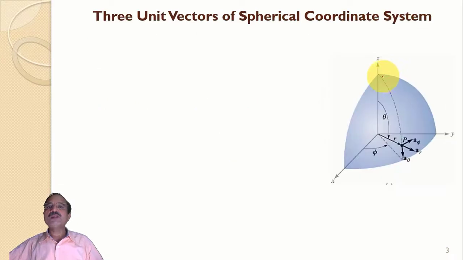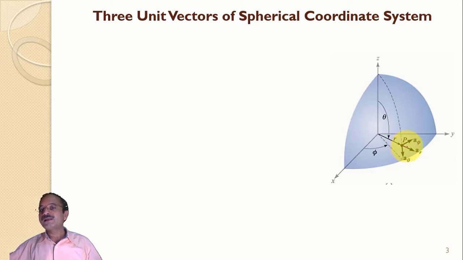Now let us see what the unit vectors are. As we have seen in the other coordinate systems, the unit vectors are the directions along which the variables of the coordinate system increase. For example, if we consider variable r at this point P, the variable r increases in this direction.